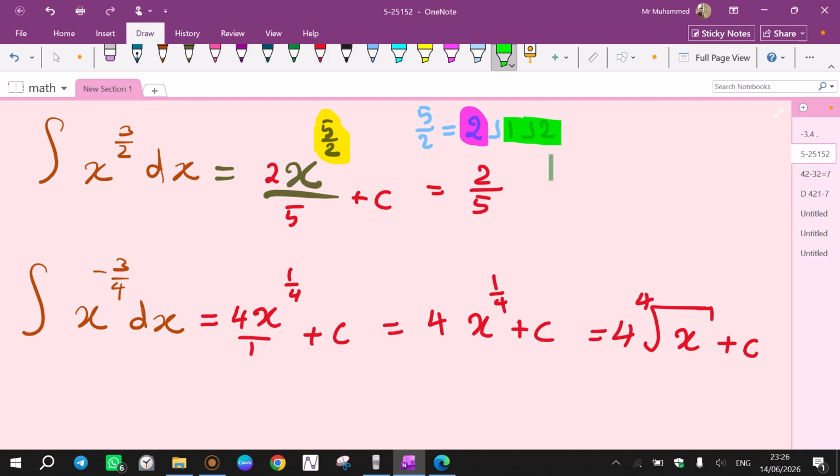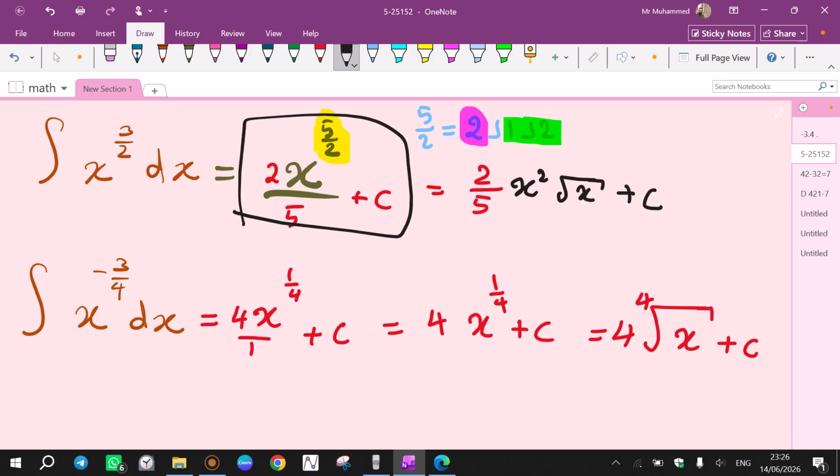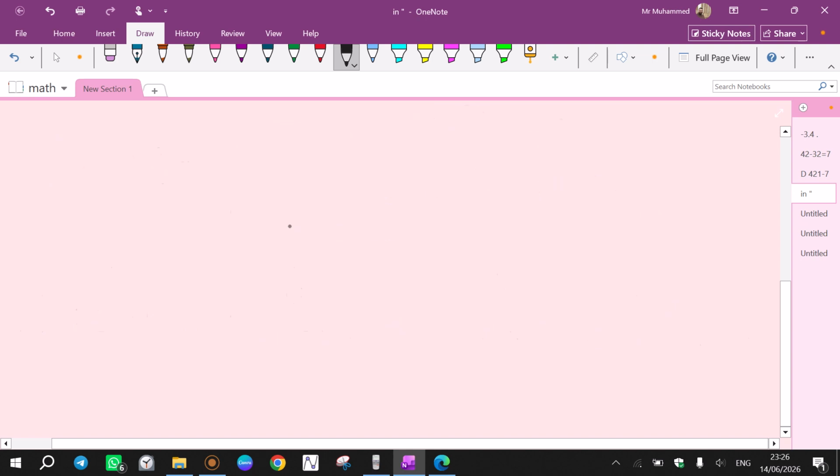So 5 over 2 is equal to 2.5. Now, how can I manage this? The first 2 means x power 2, and the 1 over 2 means square root x. And don't forget the c. This is the simplest form of this antiderivative. Antiderivative means result of integral. That's complete.